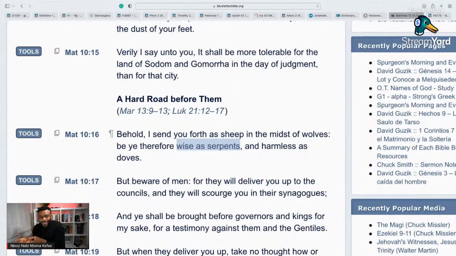So we see the snake in Genesis. According to Genesis 2, the beasts of the field were created good. Humans were created good. The angels were created good. You see?